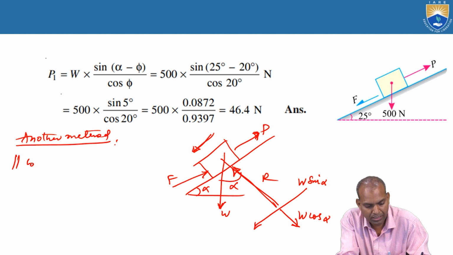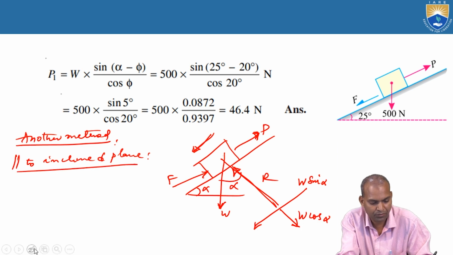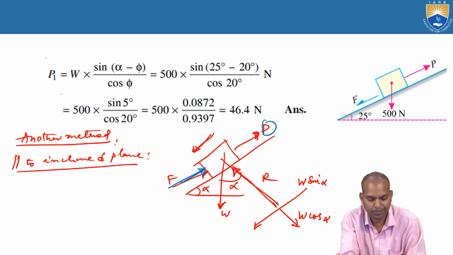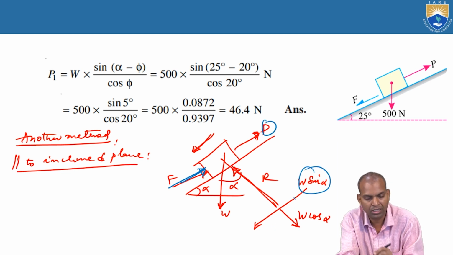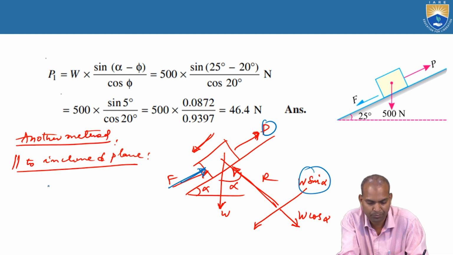What are the forces parallel to the inclined plane? F is parallel, effort P is parallel, and another one is W sin alpha, also parallel but in the downward direction. Consider the downward direction negative and the upward direction positive parallel to the inclined plane.